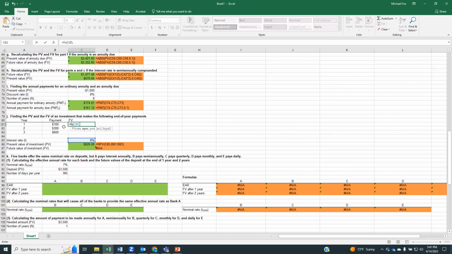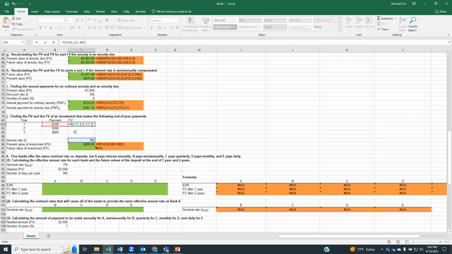So this first year's payment, we're going to get it, and then we're going to have it for 2 more years. Okay, so we're going to say 2 years, and then for payment we're going to put 0. And then for present value, because it's a payout, this is why this one's so hard, I'm going to put a negative amount for the payment.